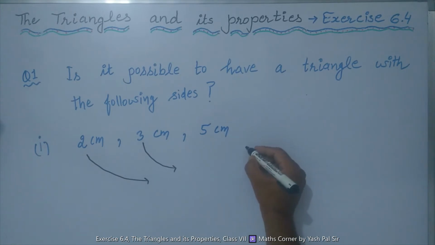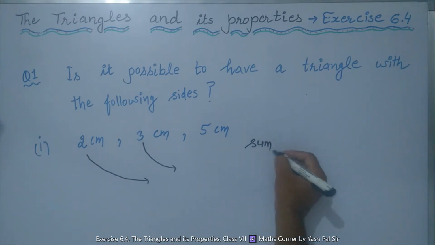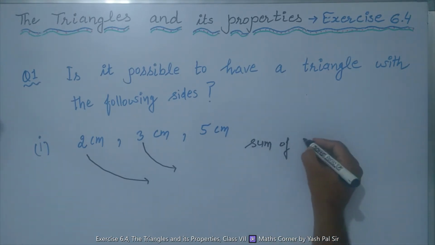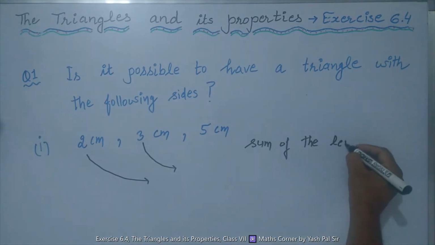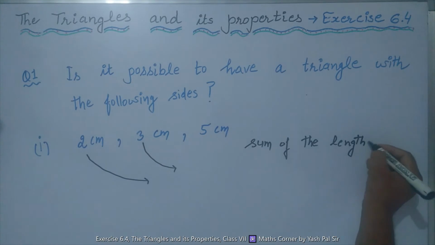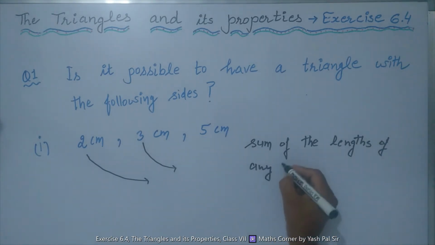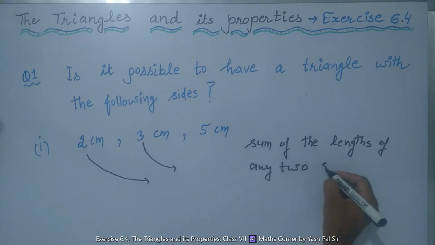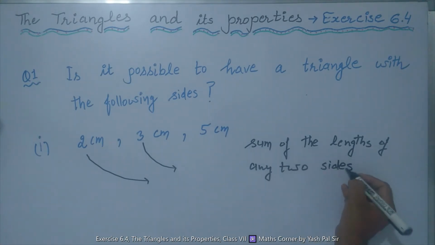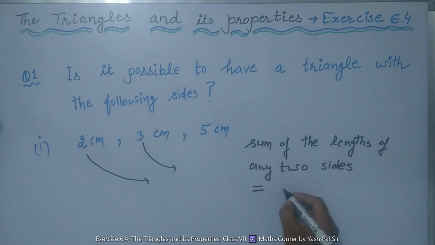Sum of the lengths of any two sides is equal to 2 plus 3 is equal to 5 centimeter.